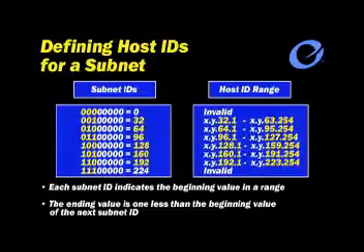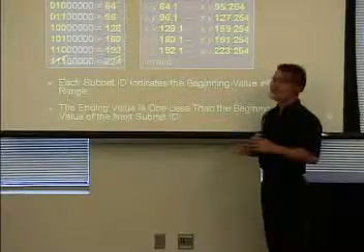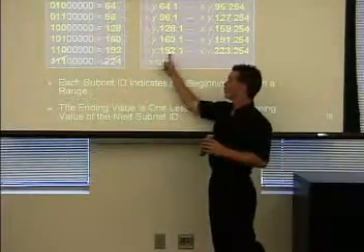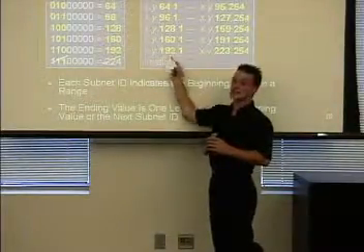Notice 32 and 32 is 64, minus 1 is 63. Next, 64 plus 32 is 96, minus 1 is 95. So our valid ranges of subnet IDs are actually 32 through 63, 64 through 95, and so on. Now we're once again discussing the subnet ID, not the host ID at this time. We're looking at the third octet in the IP address.